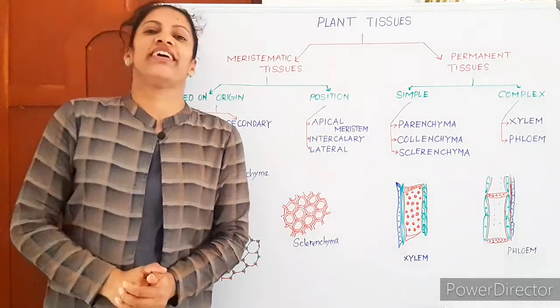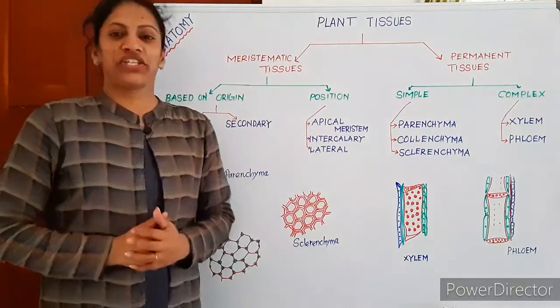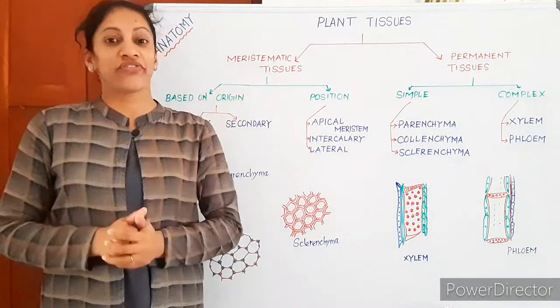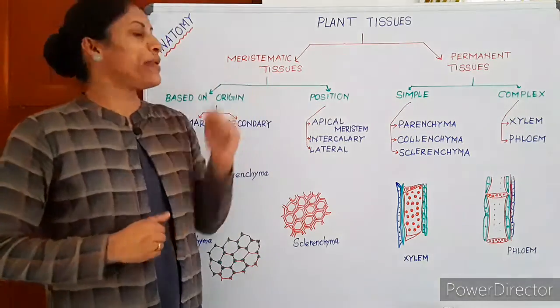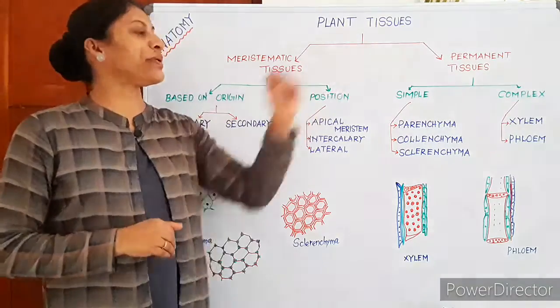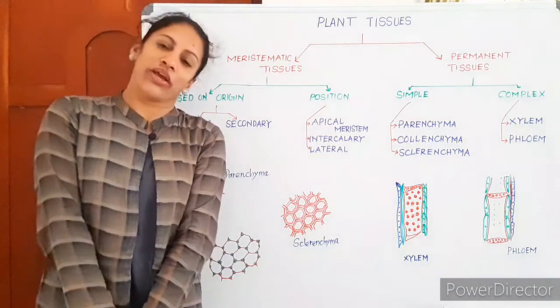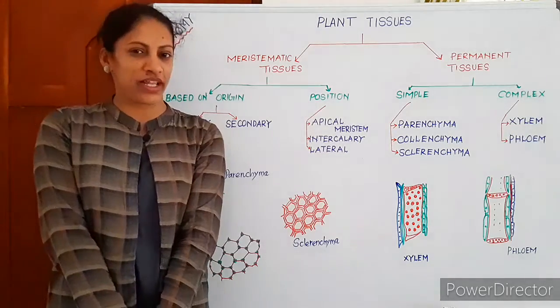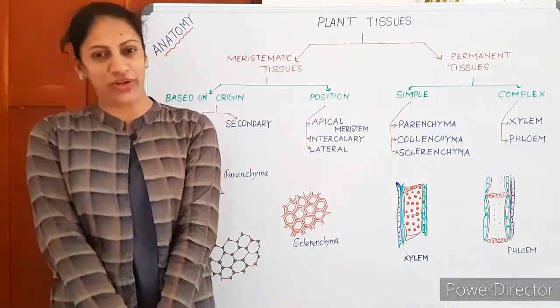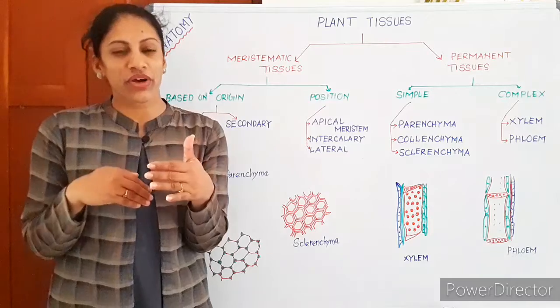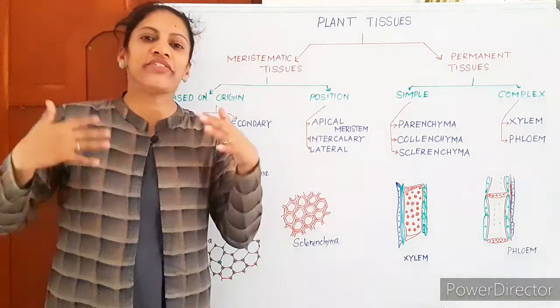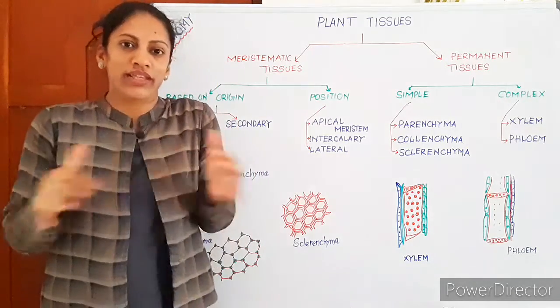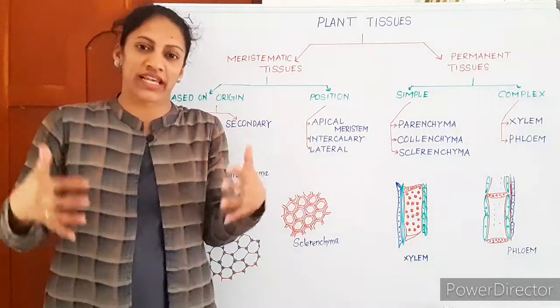In plants, we can broadly classify the tissues into meristematic tissues and permanent tissues. You know what a meristem is and what a permanent tissue is. You have learned already. A meristem consists of a group of actively dividing cells. All the cells are in a phase of cell division.